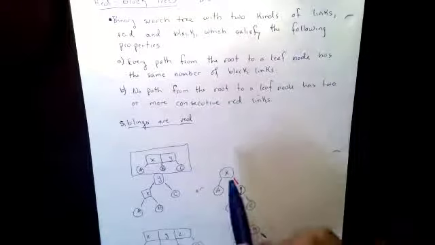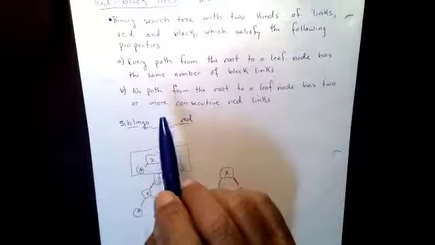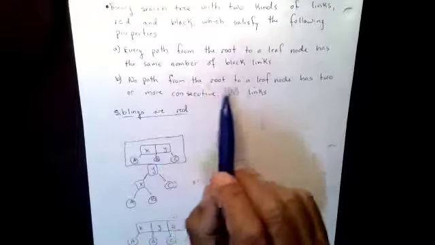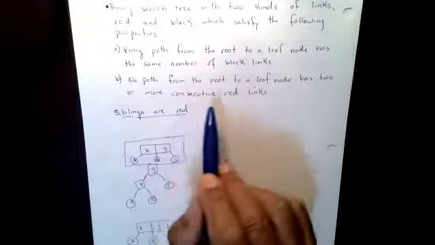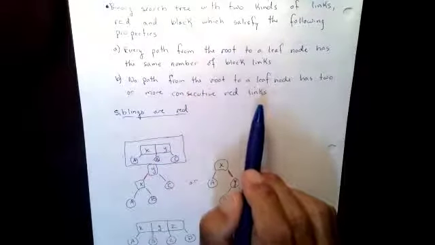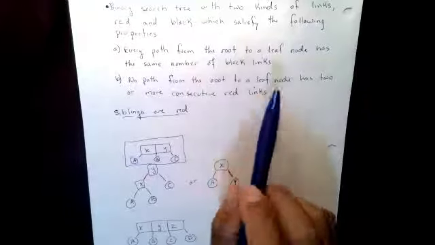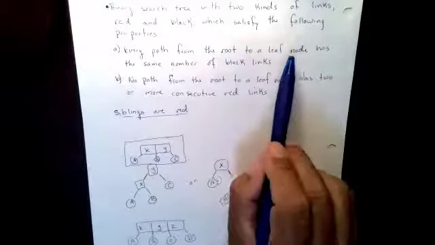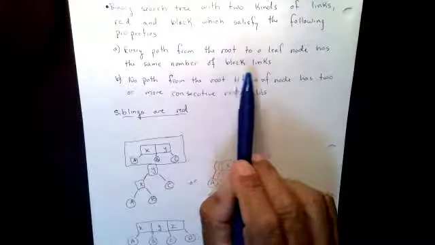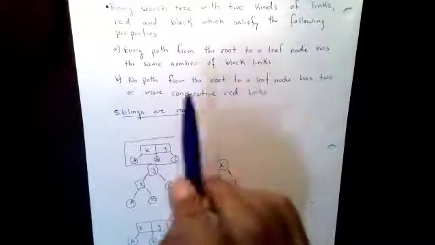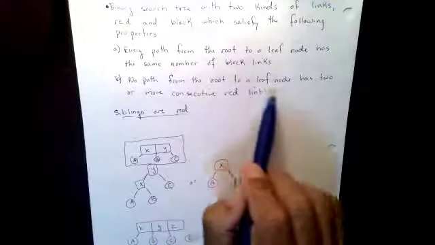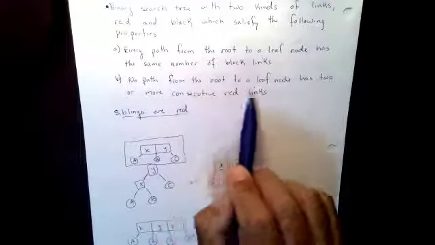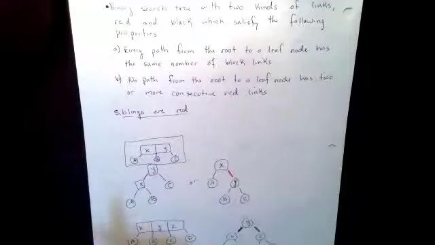That's going to become important. No path from the root to a leaf has 2 or more consecutive red links.